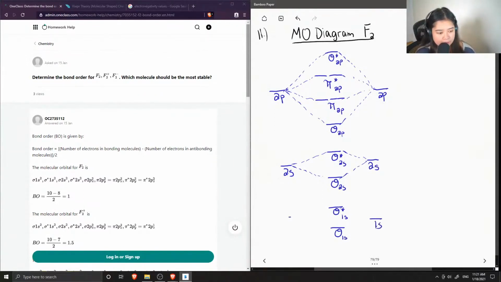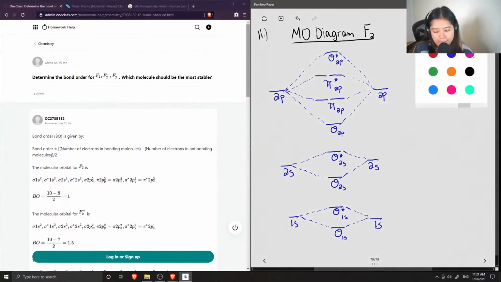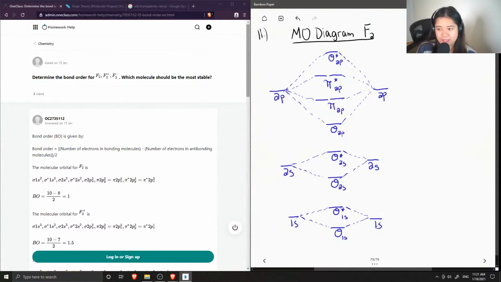And then I'm going to show these on the side. So hopefully I have enough room to take notes for this question, but I'll try to fit it on the right side. Okay, so this is basically our skeletal structure, you can call it, of the molecular diagram of F2.